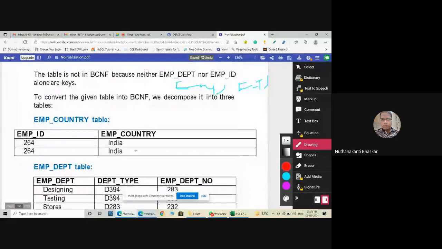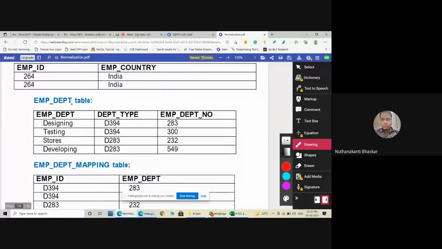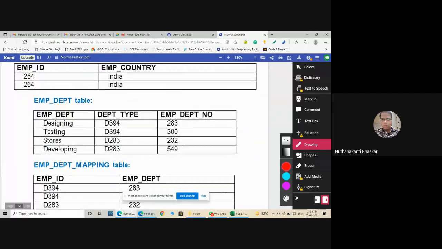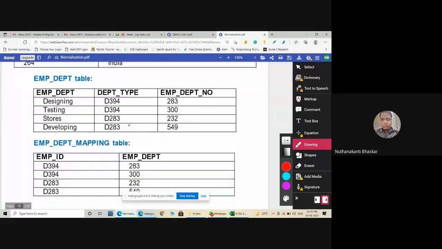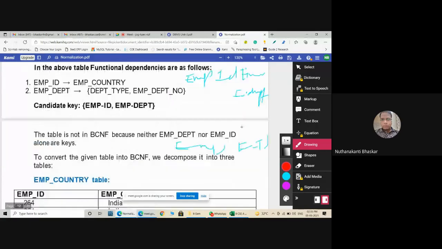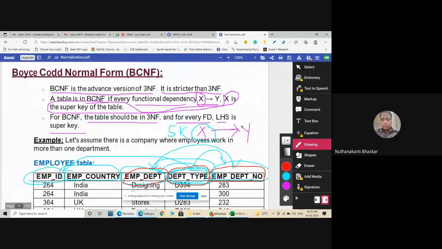Why like this? For the employee country table, employee ID, employee country, there are only two. The employee department table again needs employee department type, employee department number, and employee department mapping. You need to map these two tables again because we cannot find the data. In BCNF, don't expect after decomposition that it must be two tables.